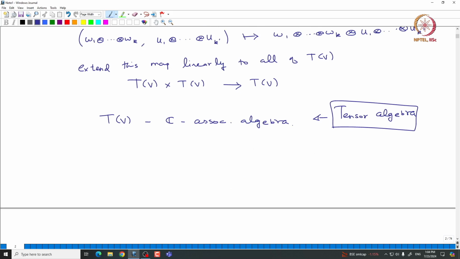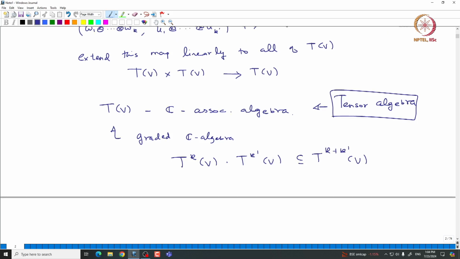That makes T(V) indeed a graded C-algebra. What is the meaning of that? If I take some element from T^k(V), and some other element from T^k'(V), then their product should lie inside T^(k+k')(V). That is how we have defined the product, so it is a graded algebra.